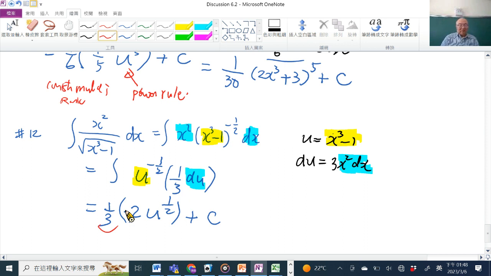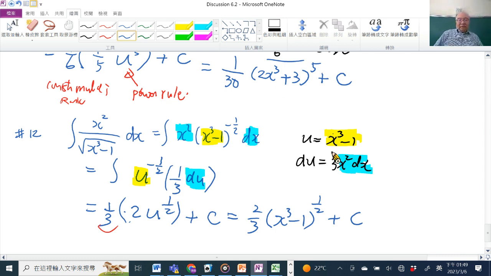Okay, finally we have to simplify and also bring the g of x back. So you have 2/3 times (x to the power 3 minus 1) to the power 1/2 plus a constant c.